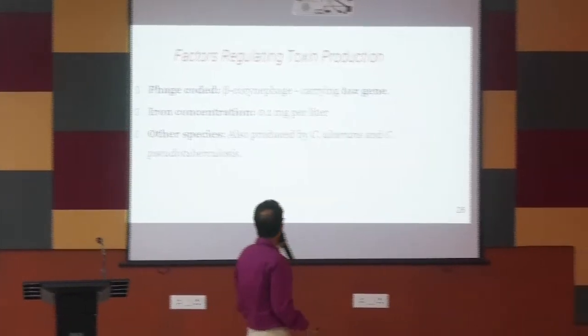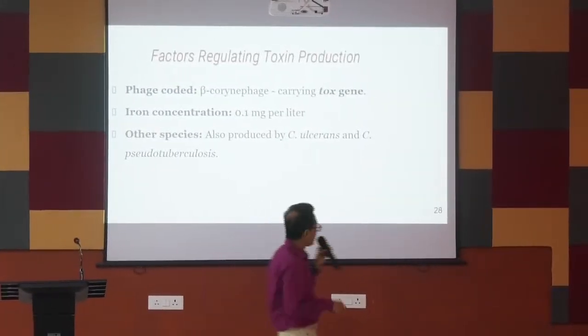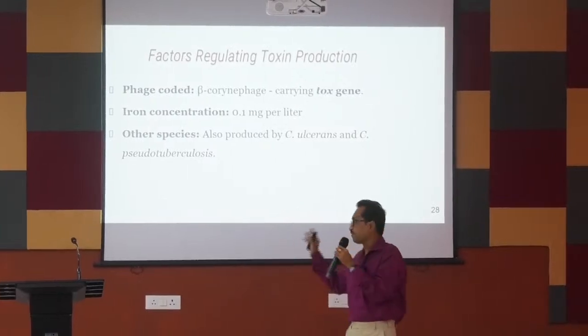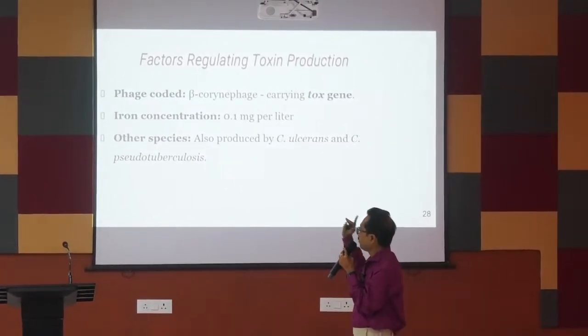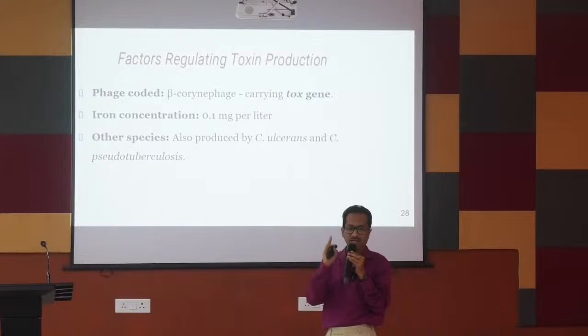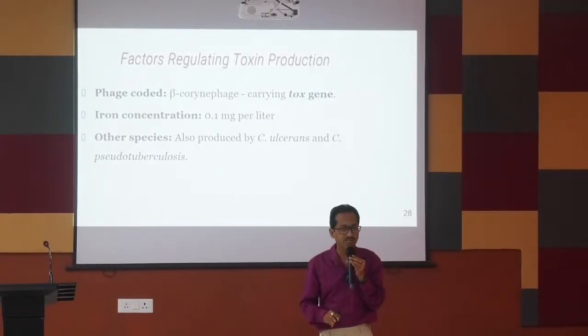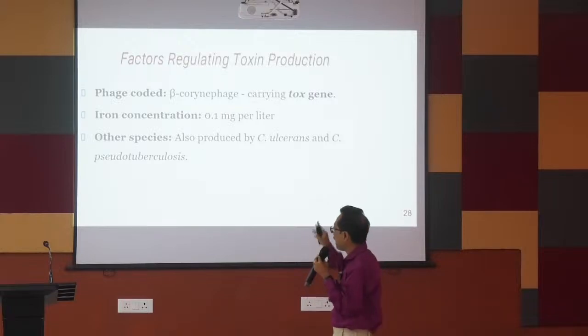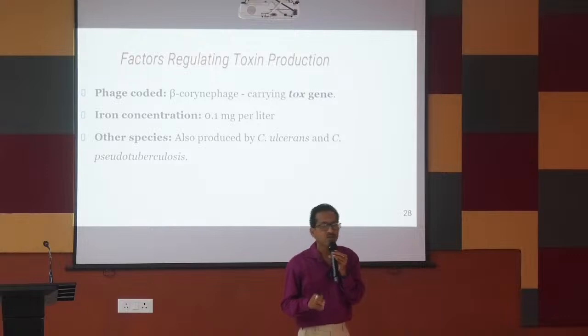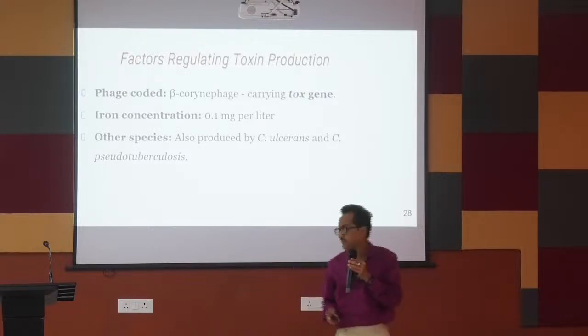So this is the second part. Even if you don't remember DtxR, just remember it is phage coded. The bacteria must be infected with the bacteriophage to express the toxin. And the second part, iron is needed in a very small amount, 0.1 milligram per liter, for expression of the toxin.